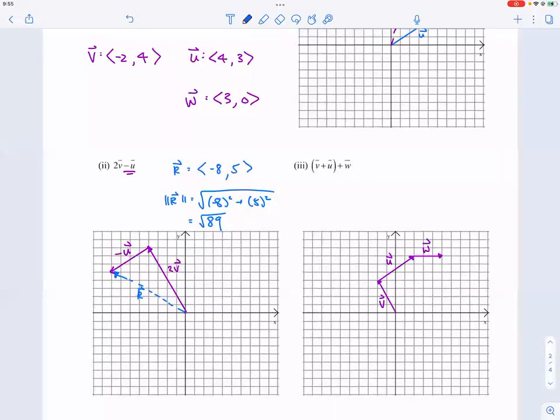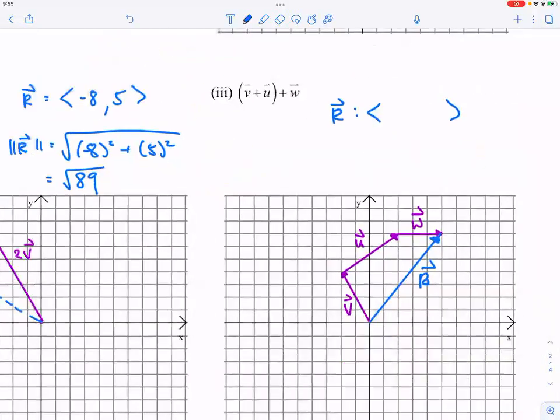And now you can join them together from the beginning to the end. So the resultant vector here is going to be moving to the right how many units? You can see 5 units to the right, and then 7 units to the top.